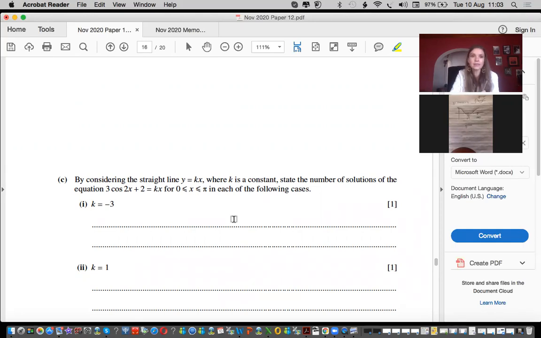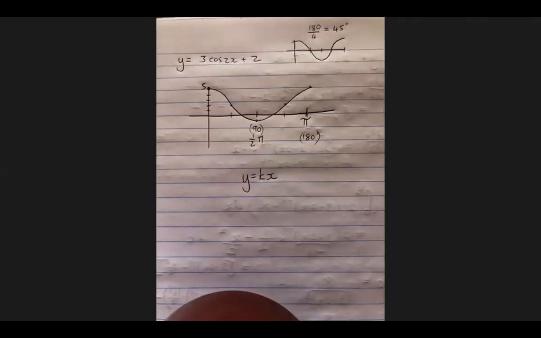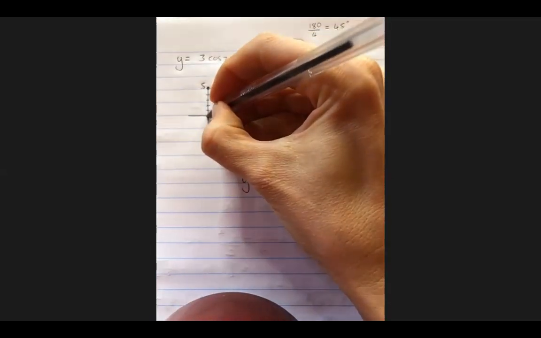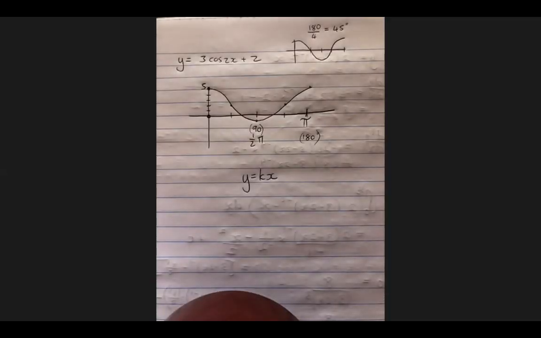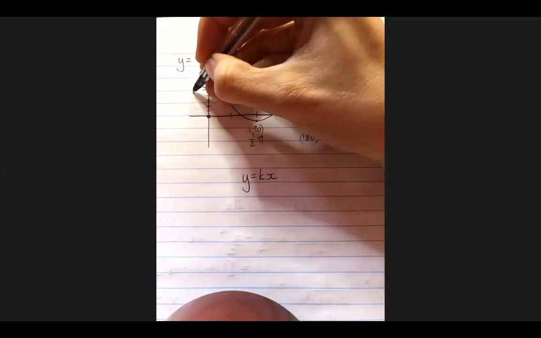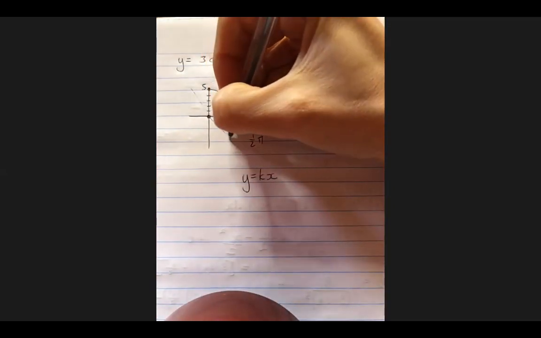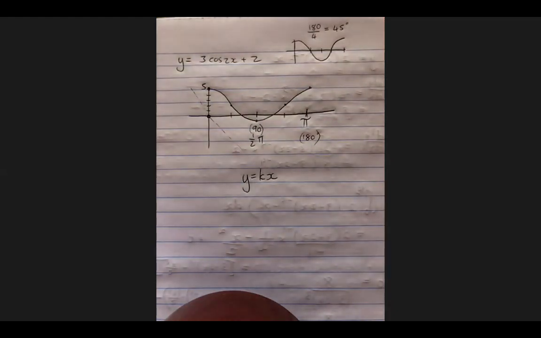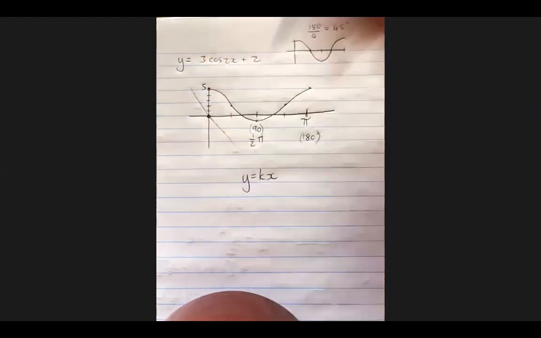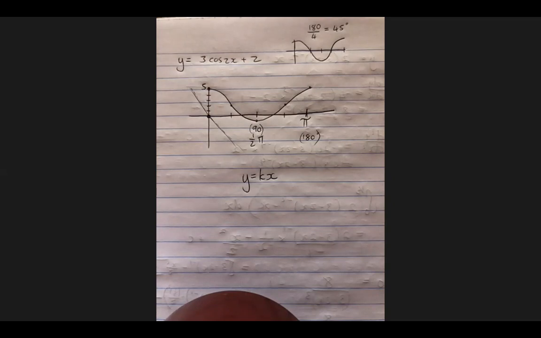So if k is equal to -3, it will obviously go through the origin, and it will be very, very steeply negative. So if you want to draw a little rough sketch of -3, you could have put in values if you really wanted to, but it boils down to looking like that. So you can clearly see I'm not intersecting my curve, so 0 solutions for points of intersection there.